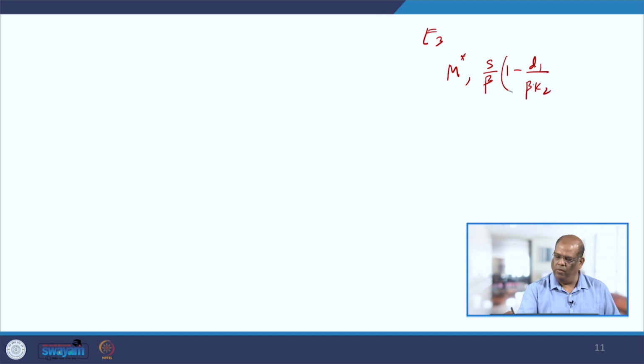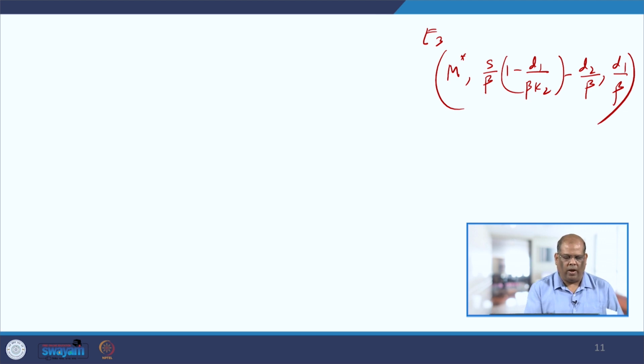And finally, the equilibrium point E3, which is of the form m star, s by beta 1 minus d1 by beta k2 minus d2 by beta and d1 by beta.